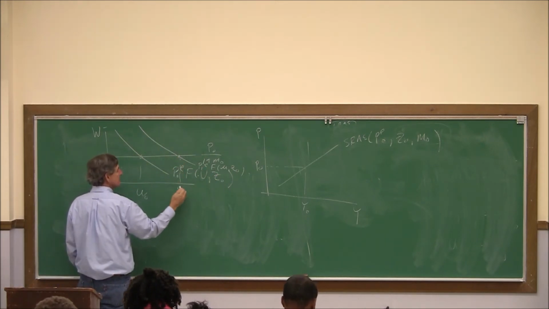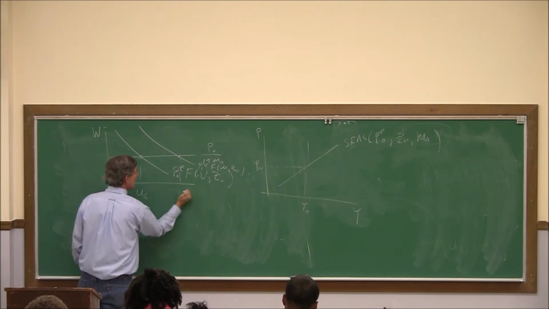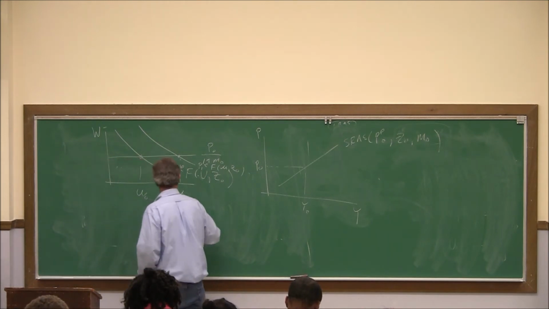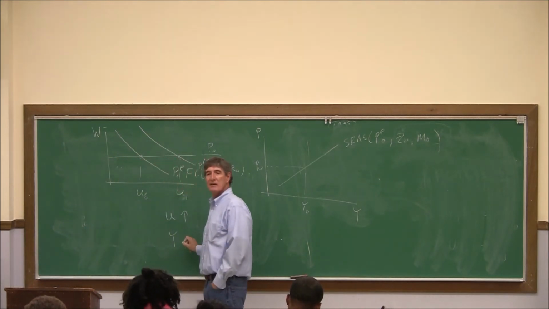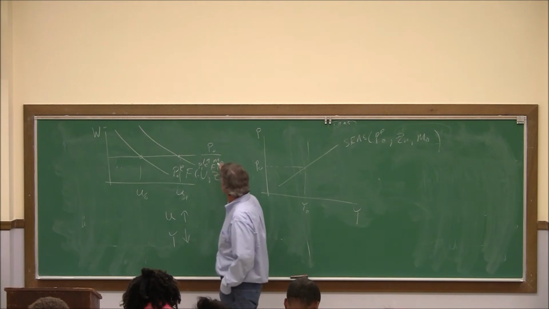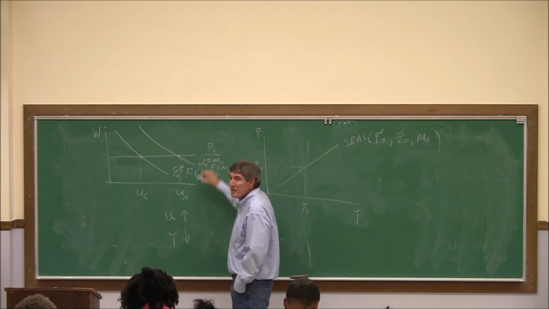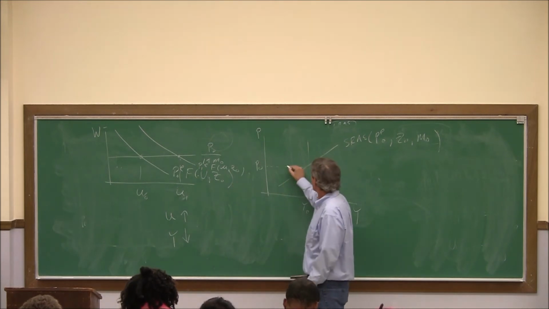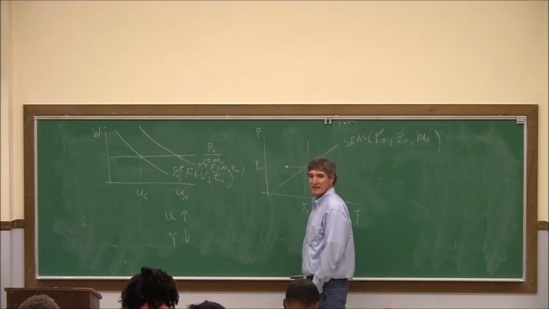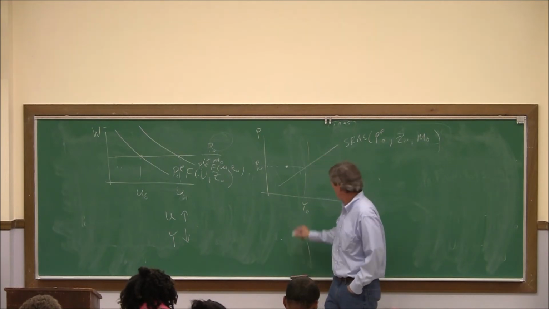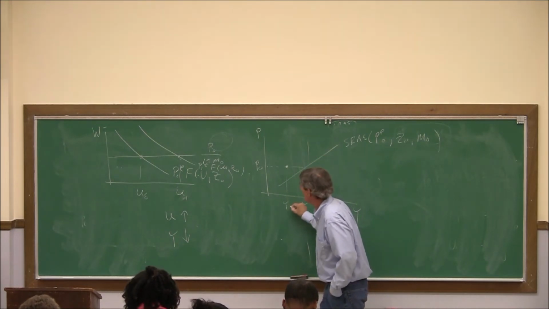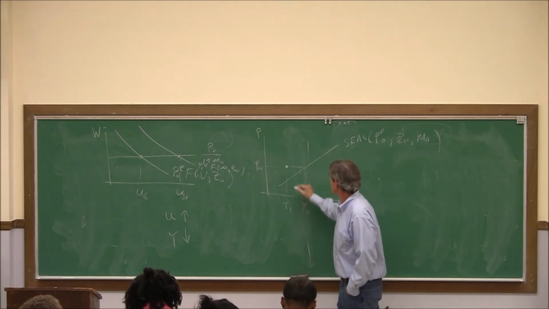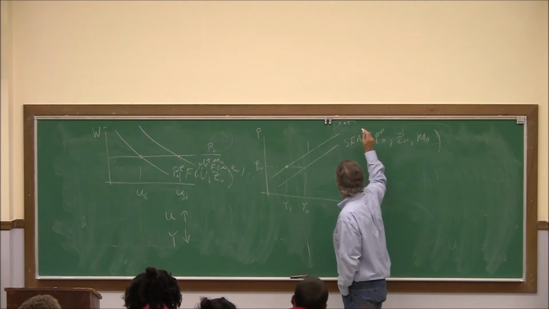That gives you a higher level of unemployment, right? So unemployment goes up, so output must go down, and the price is still P0. So at the same price, it shifted in. Here's Y1 corresponding to U1. So it must be that the curve shifted in.